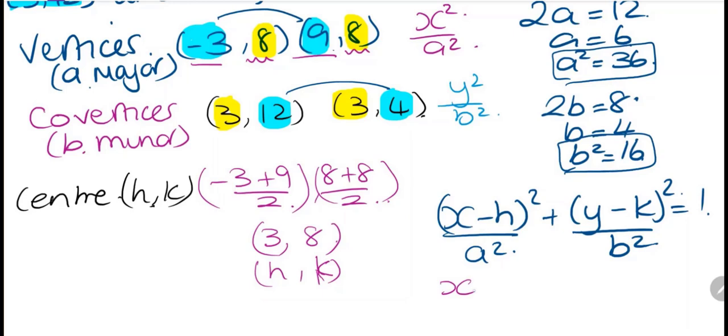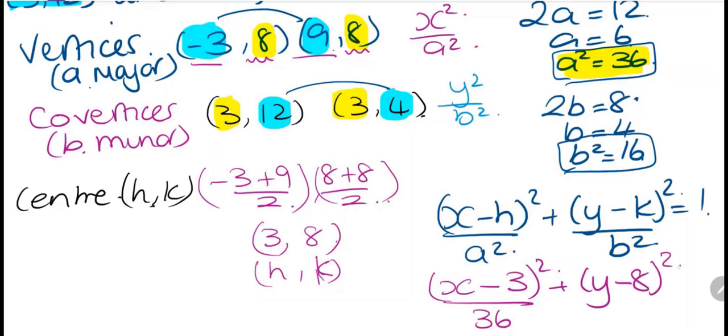So x minus 3 squared over 36, and then y minus 8 squared over 16, and this is equal to 1. So this is our final answer.